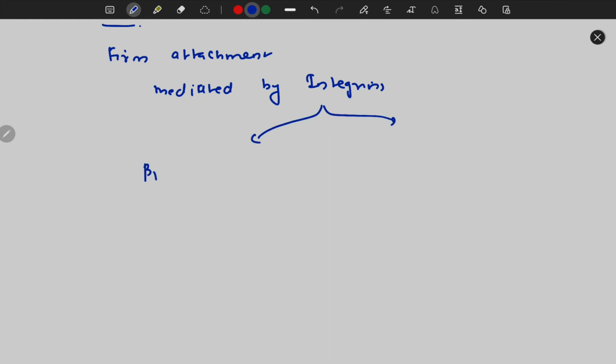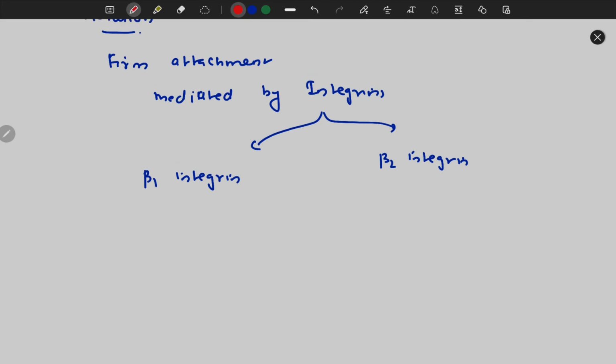One is the beta 1 integrin and the other is the beta 2 integrin. The beta 1 integrin is otherwise called VLA4 and the beta 2 integrin is otherwise called CD11, CD18, LFA1 or MAC1.